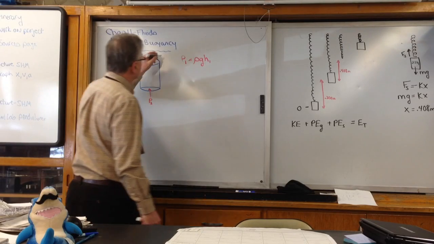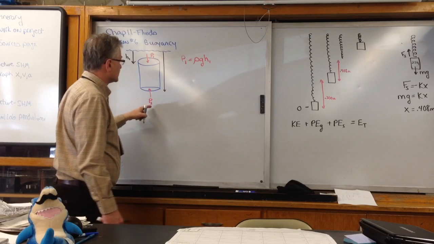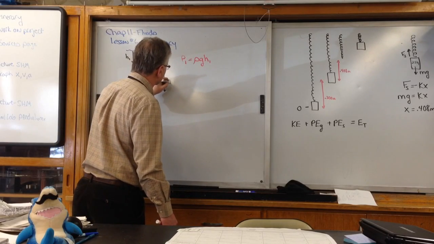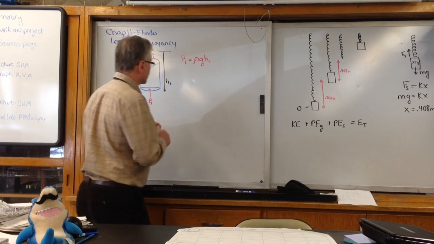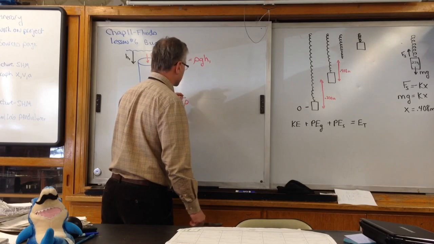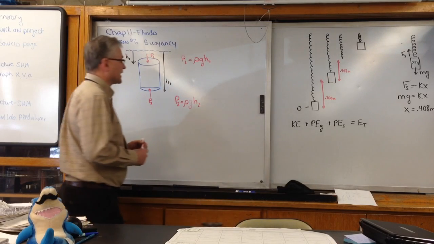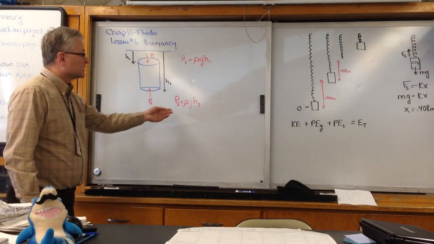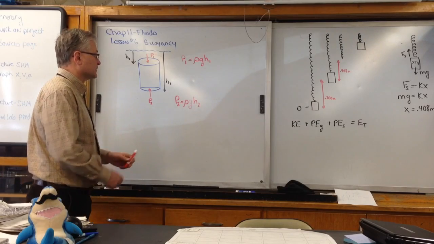P2 has a depth of h2 from the surface of the water down to where the base of the can is, and we'll call that h2. And this pressure at the bottom, call it P2, is going to be rho, the density of the water, g times h2. So that has a pressure of this. And notice h2 is larger than h1, so the pressure obviously is greater there.